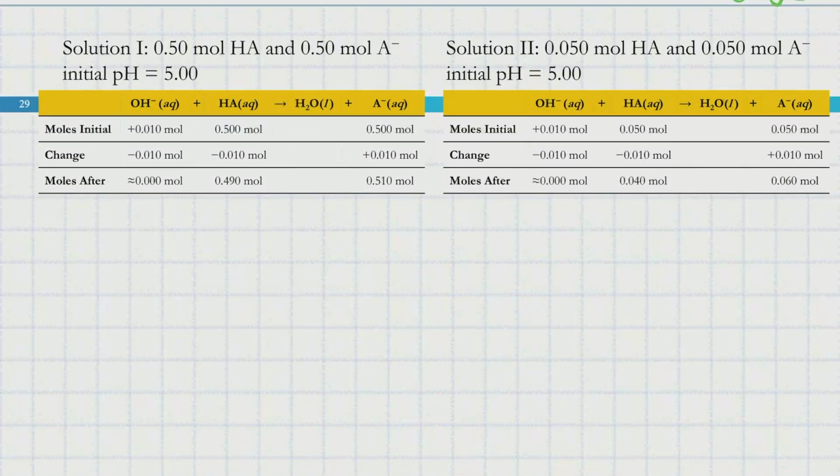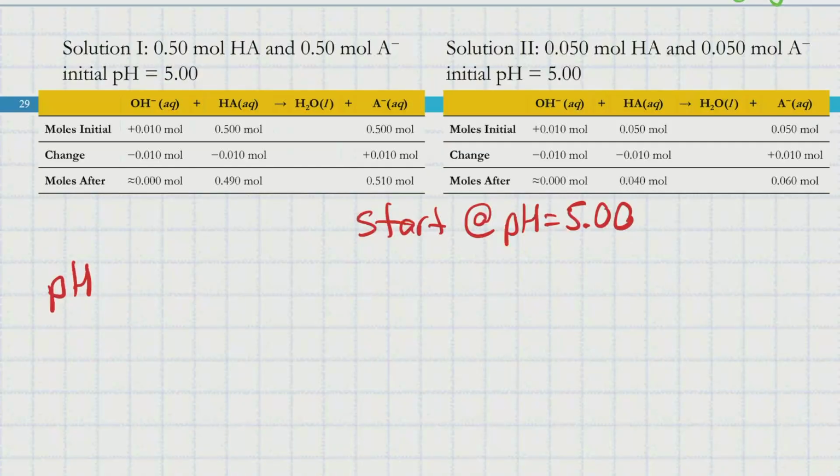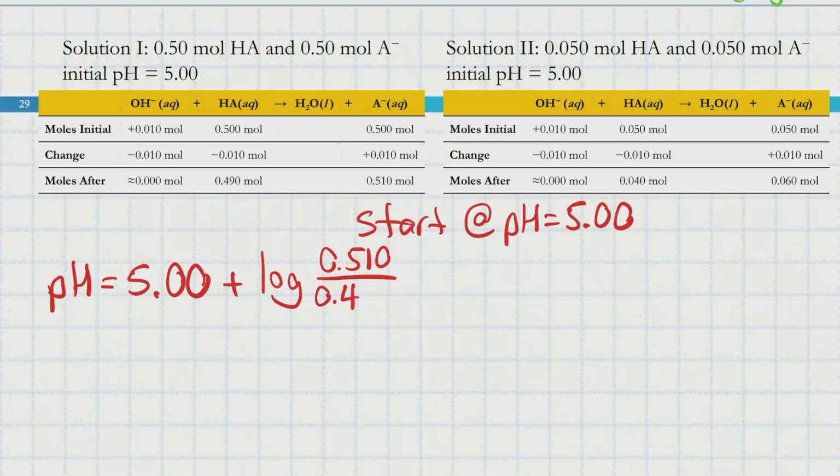So we are starting from pH equals 5. For our first solution, our pH is going to be our pKa plus the log of our conjugate base over the concentration of our weak acid.